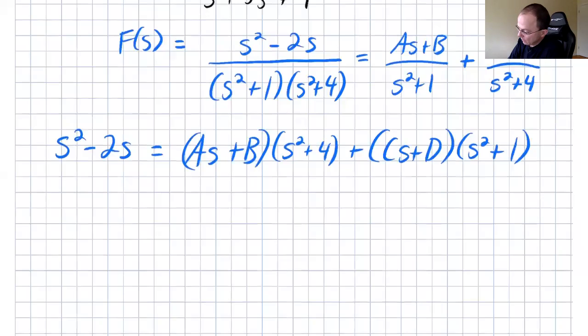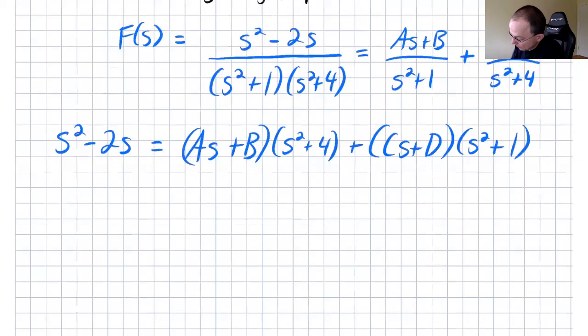Okay, so we'll go through our process of eliminating this. So we want that to be 0. So we'll put s equals i in there to make that 0. And then we'll do the same thing over here. We'll put s equals 2i, and that will make that term 0. And then we'll be able to solve for a, b, c, d.